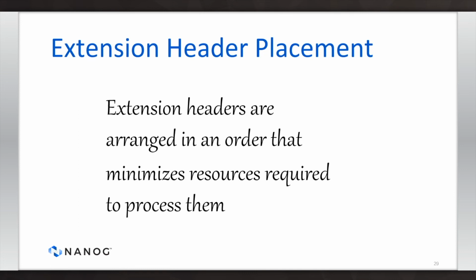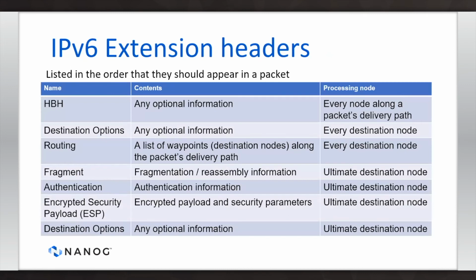Let's talk about extension header placement for a while. Extension headers are arranged in an order that minimizes the resources required to process. And here's the order that they should appear in a packet. HBH, destination, but only if there is a routing destination before routing, fragment, authentication, ESP, and destination again.